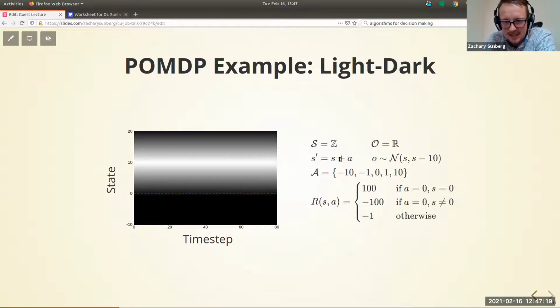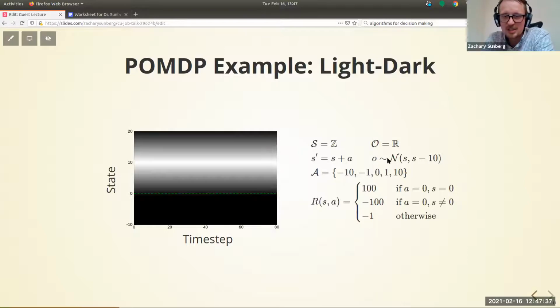s' = s + a. We typically use this prime notation to indicate a variable at the next time step. So this is just saying our state transitions are deterministic. There's no noise in them. We just take an action a and deterministically transition to the next state.